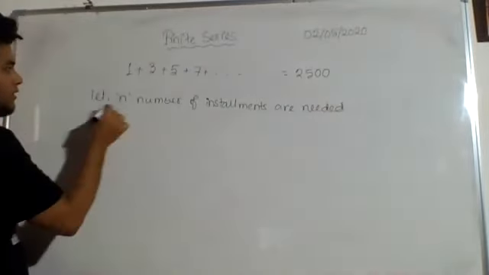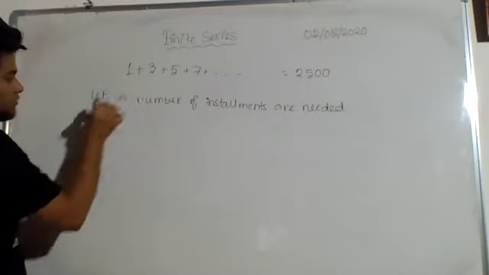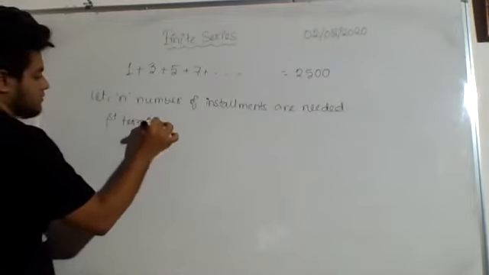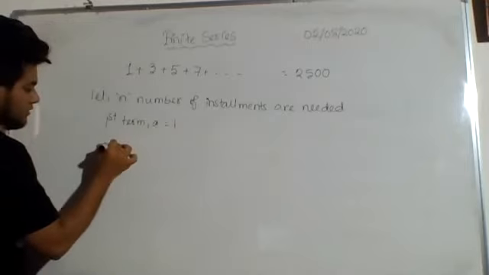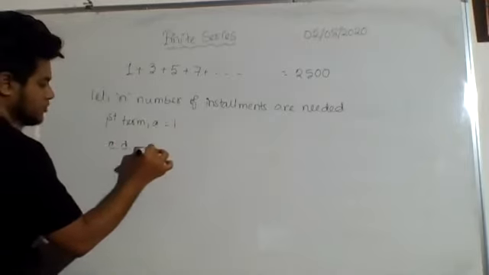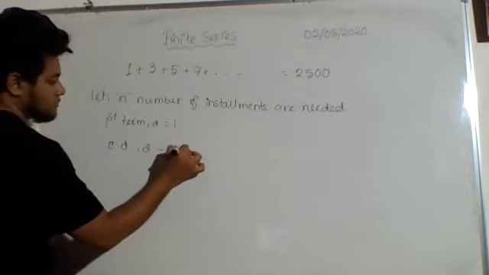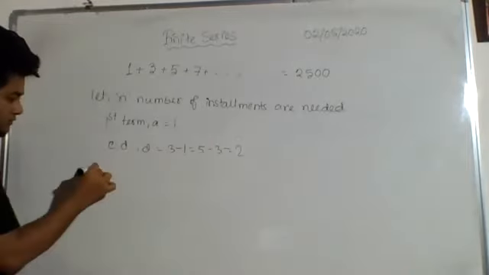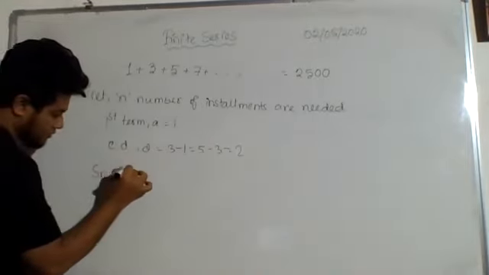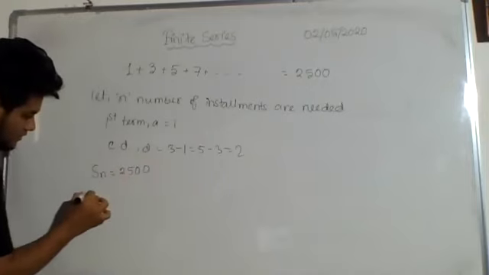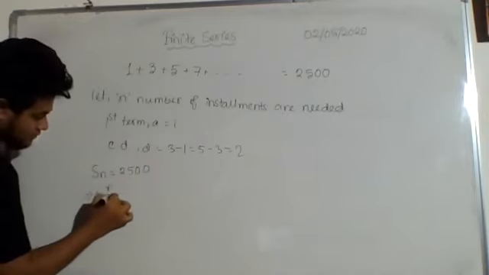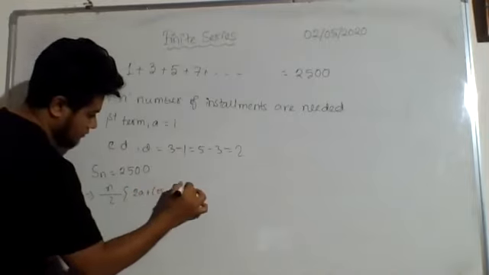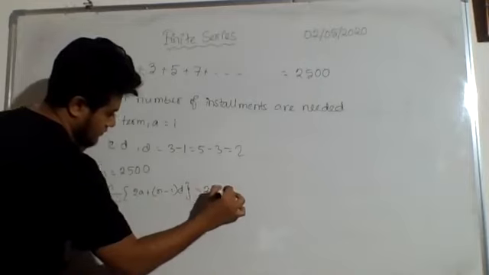Okay, now what I can write for this series: the first term a is equal to 1, then the common difference, I am writing in short, you have to write in details, that is 3 minus 1 is equal to 5 minus 3 is equal to 2. Now the summation we know to be equal to 2500, and it is equal to n by 2 into 2a plus (n minus 1) into d, equal to 2500.